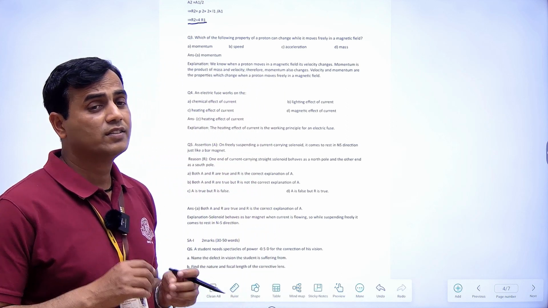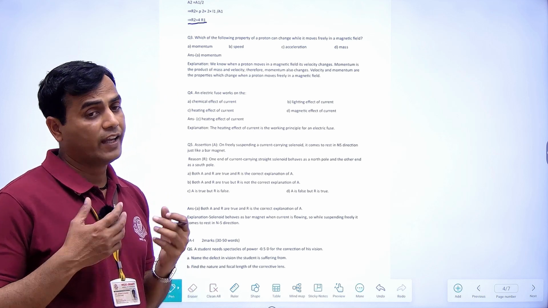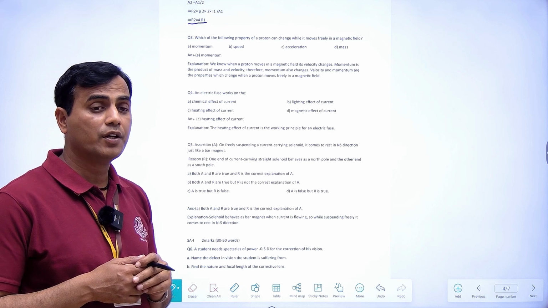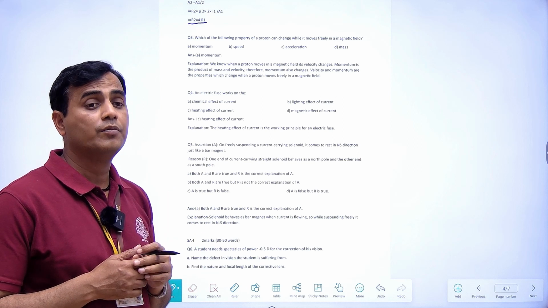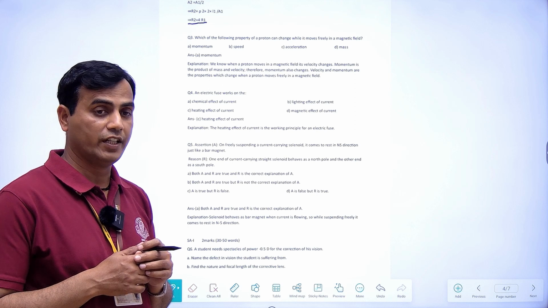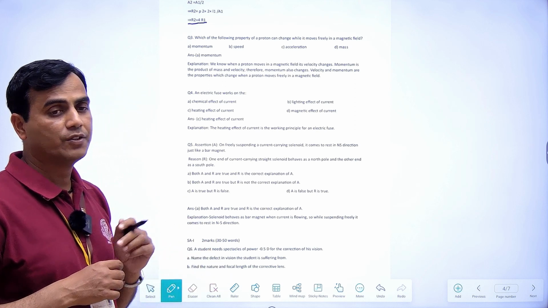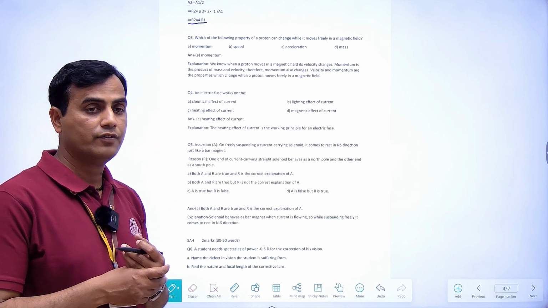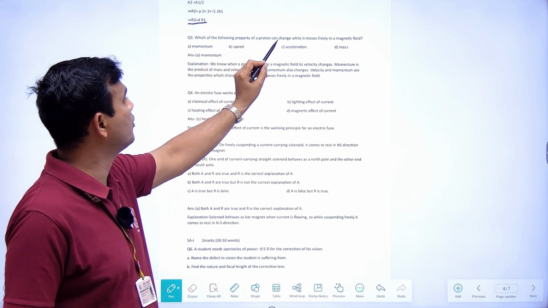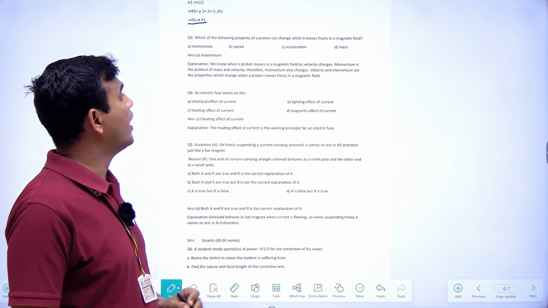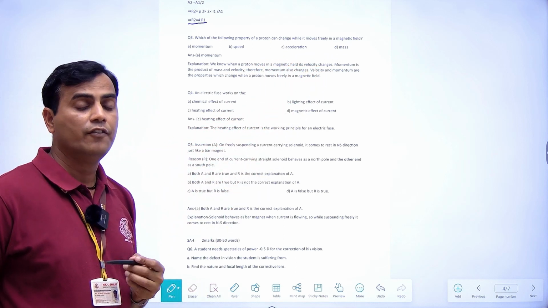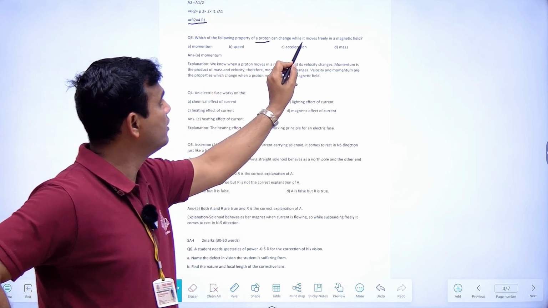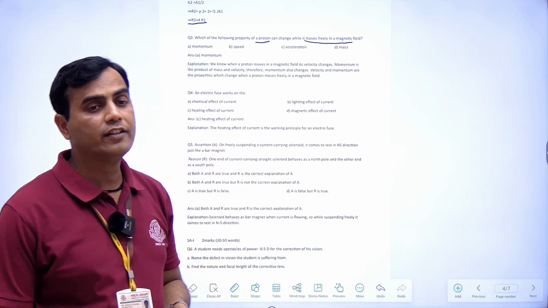So these types of questions may appear as objective type, and these are two questions from the chapter of electricity. Now we are coming to the next three questions, which are from magnetic effect of current. The next question: which of the following properties of a proton can change while it moves freely in a magnetic field? We are given a proton moving freely in a magnetic field.